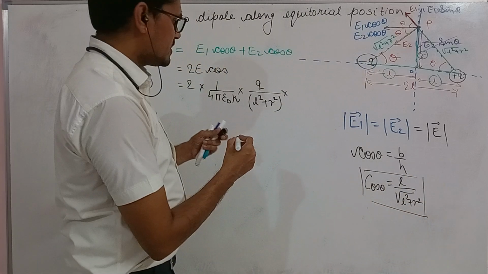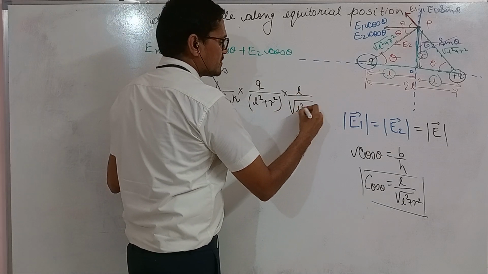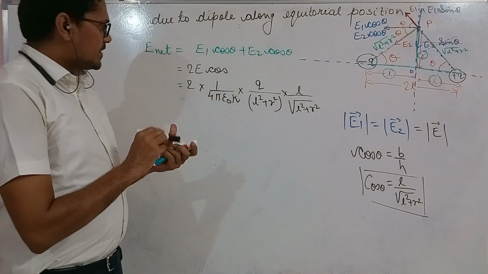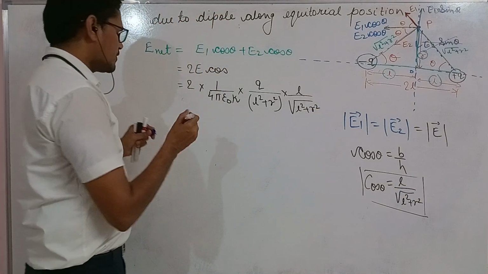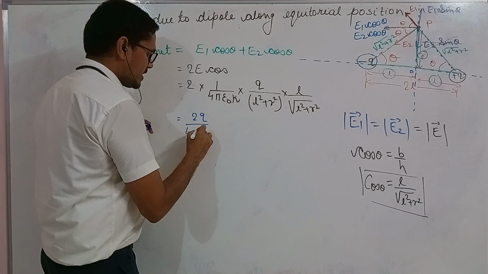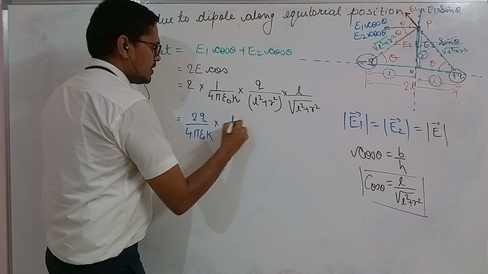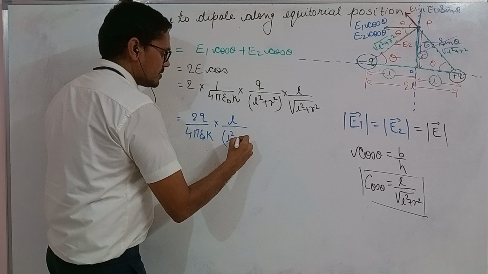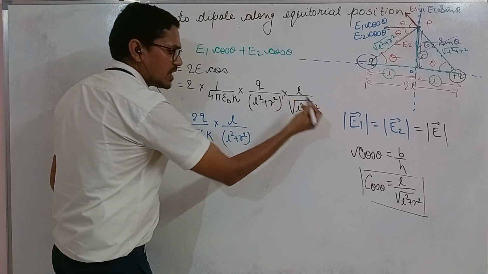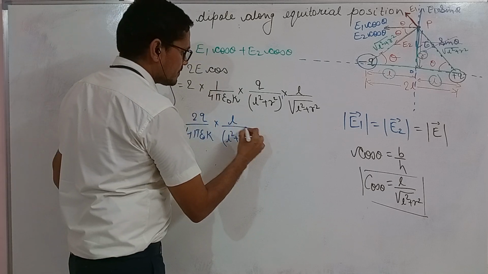Putting the value of cos theta here, L upon root under L square plus R square, and simplifying further, we'll be getting 2q over 4 pi epsilon naught K multiplied by L over L square plus R square. Here we have power 1, and the root has power half. So 1 plus half becomes 3 upon 2.